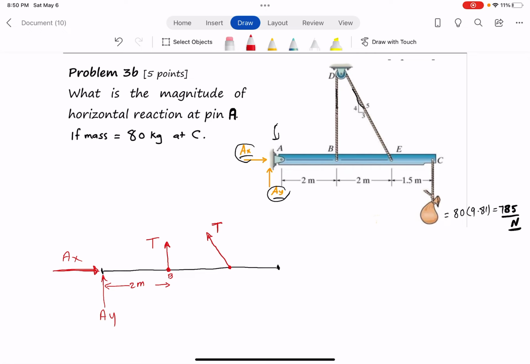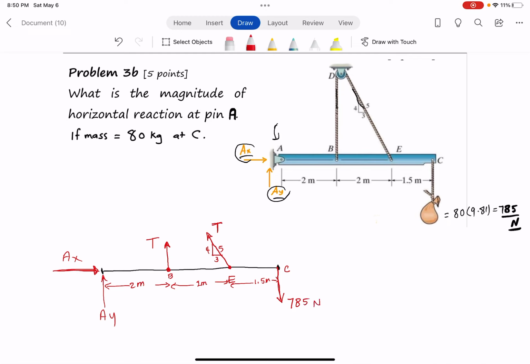And this is point E, for 3 and 5, and that's point E, and that is 2 meters. And that is point C. You see the loading is going down, 785 newtons.